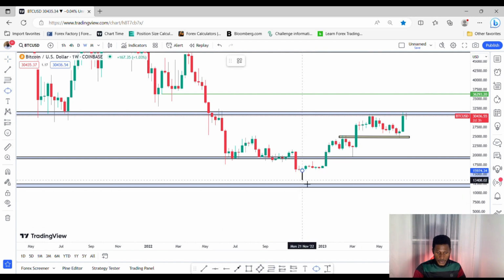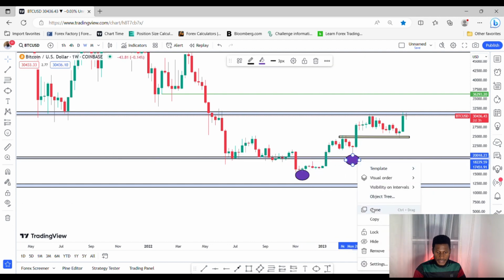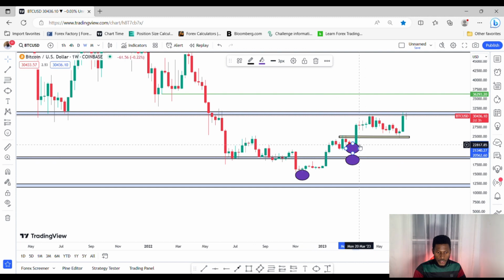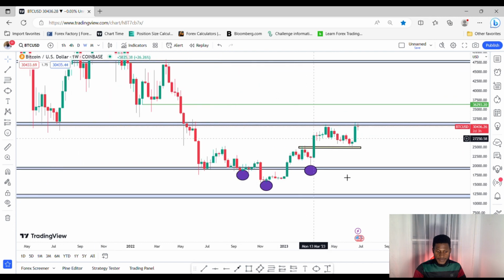Initially on Bitcoin, this was the inverse head and shoulders pattern I saw that made me confident that Bitcoin was going to buy in the long term. This is the inverse head, left shoulder, right shoulder.